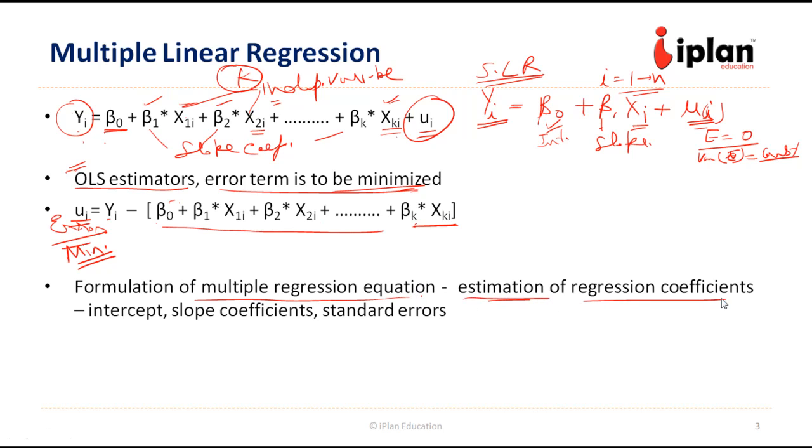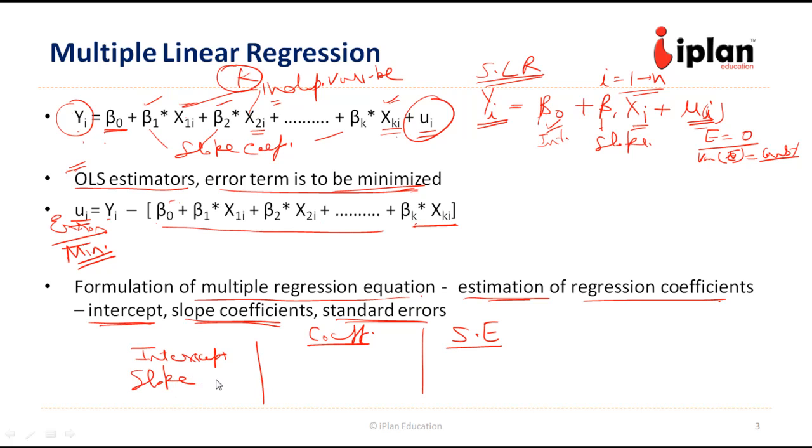We are going to estimate the regression coefficients. There will be intercept coefficients and slope coefficients, and we are going to have their standard errors. So that will help us in doing any hypothesis testing or estimating. So we can write it in this way. For intercept, we are going to have the estimated value, the coefficient, and then its standard error.